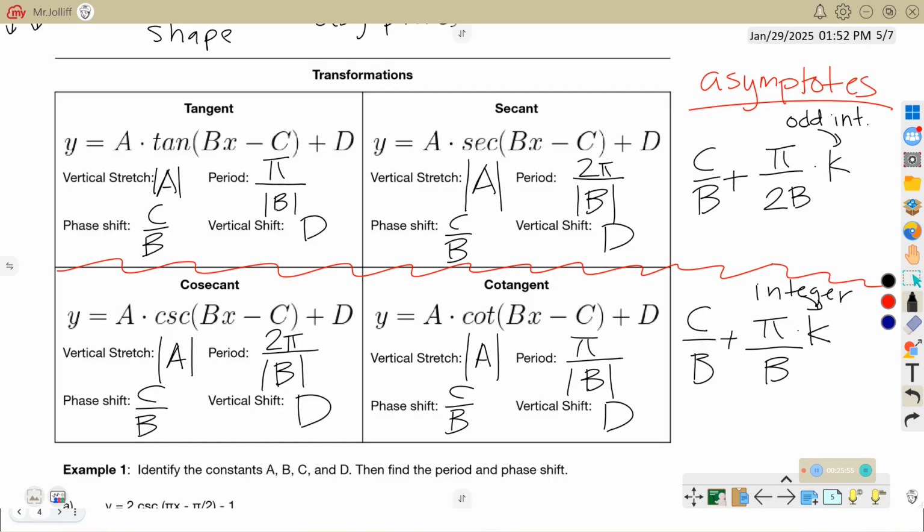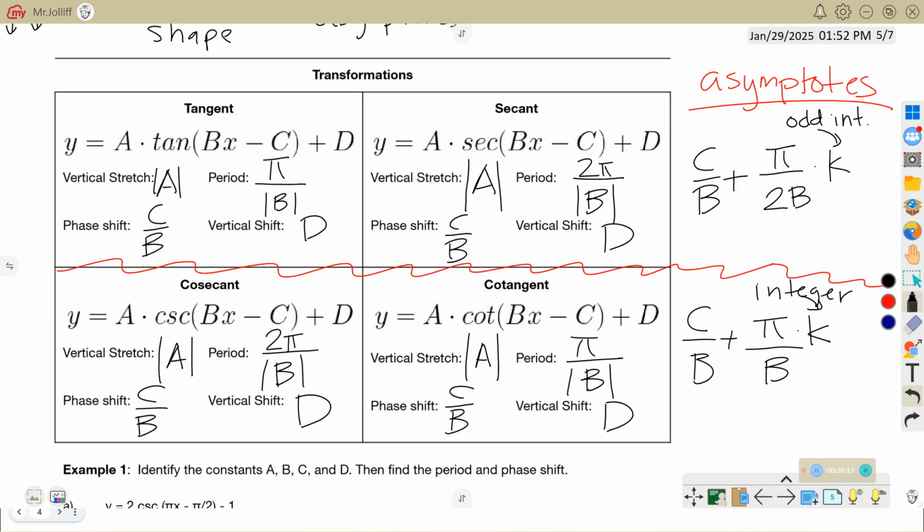We are going to practice identifying these things first. Then we're going to look at what they look like on a graph. So the first step in graphing is I have to be able to pick these out of an equation. So I'm going to do one with you because we have a little bit of practice doing that. And I'm going to have you do one in your small groups. Okay?